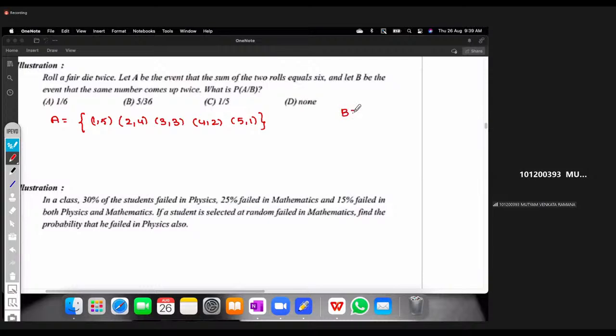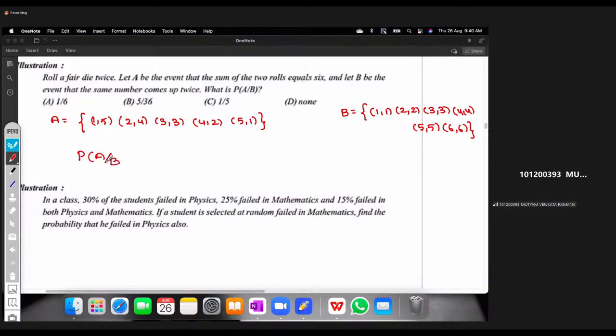What is the event B? The event that the same number comes up twice: 1,1; 2,2; 3,3; 4,4; 5,5; 6,6. Now, what is the probability of A given B?